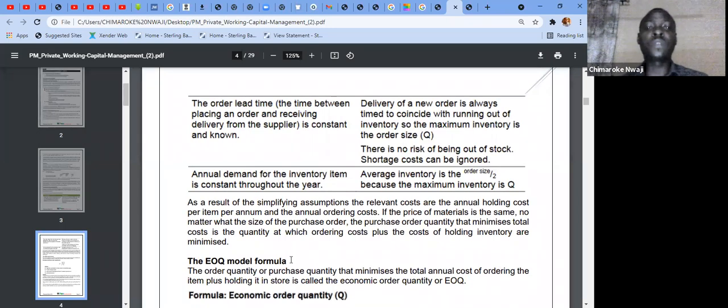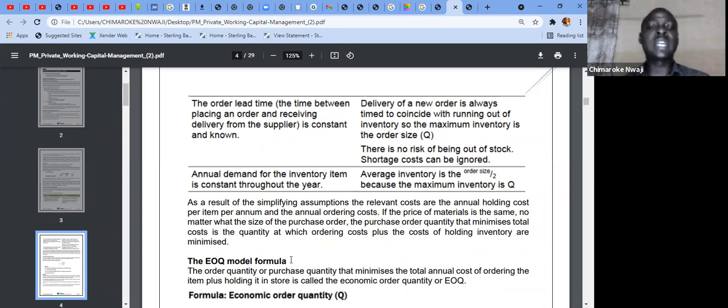As a result of simplifying the assumptions, the relevant costs we are looking at here are the annual holding cost per item per annum and the annual ordering cost. If the price of the material is the same no matter what size the purchase order quantity is, the quantity that minimizes total cost is the quantity at which ordering costs plus holding costs are minimized.